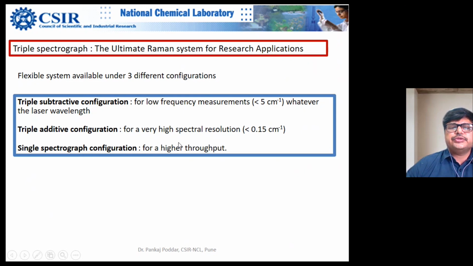It can do very high throughput Raman sampling. So if you are looking at very fast analysis in a central facility, then it is better to buy this one. For specialized labs, you can go for triple subtractive, or the best one is this one, right? Whatever the configuration, the price goes up and complexity goes up.